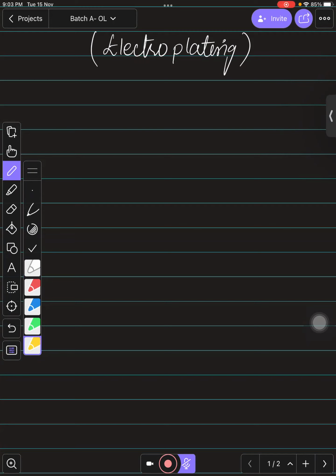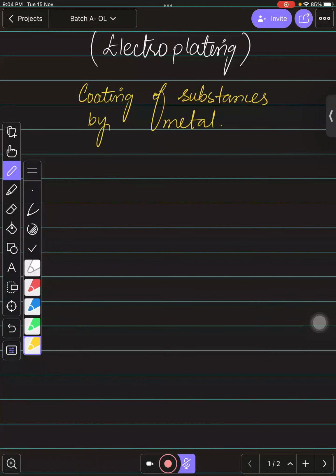So you can say that it is the process of coating substances, a coating of substances by metals, right? You can coat any substance by metal. This process, this phenomenon, is known as what?